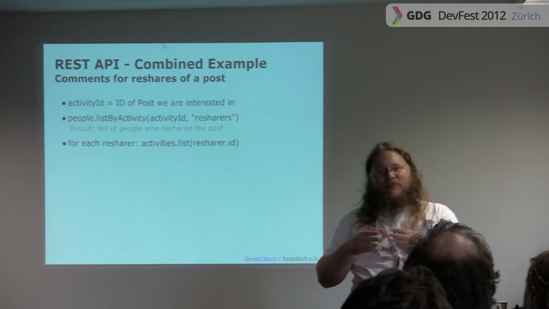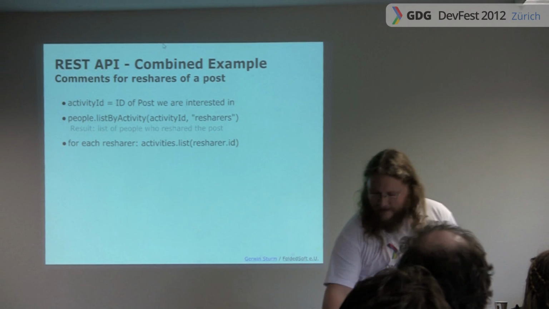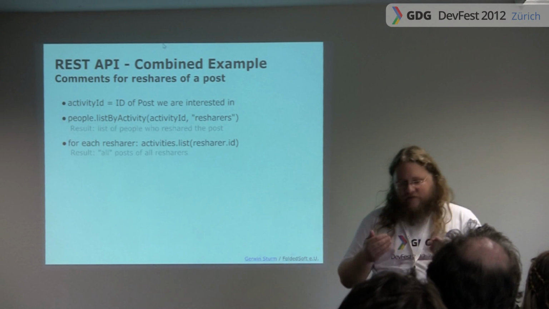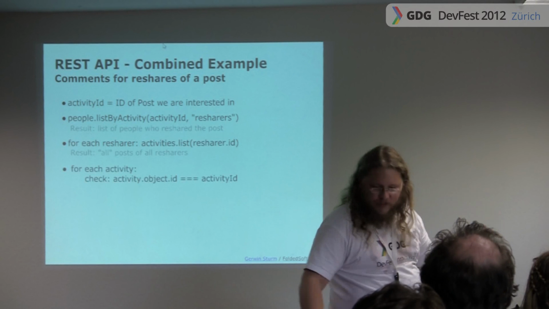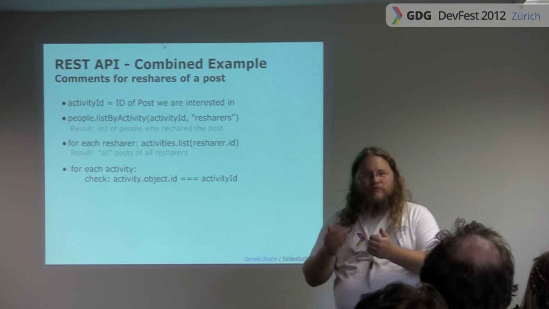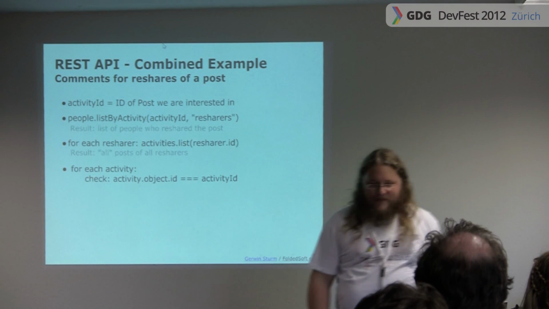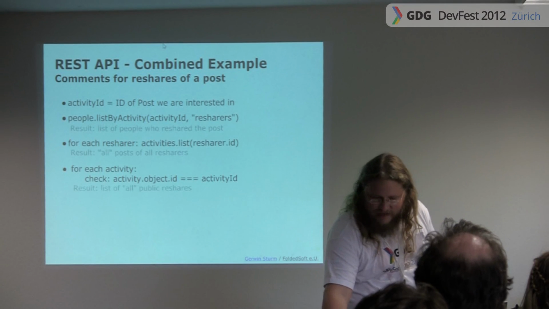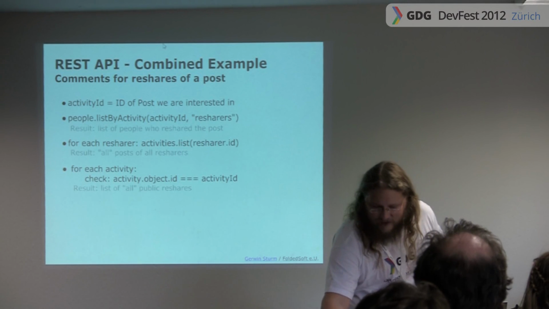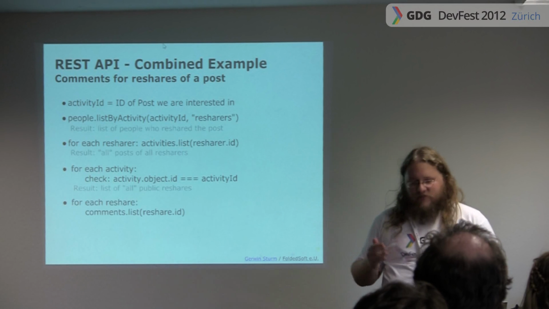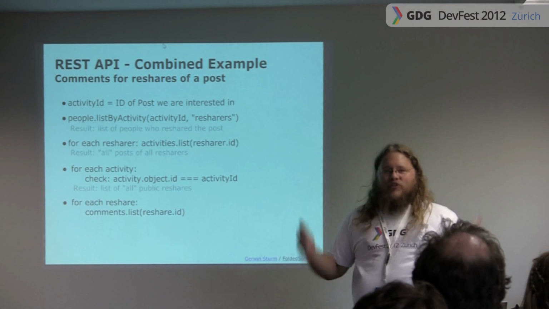In most cases you will restrict it to the last 100 and won't go back further in the past. This gives you a list of all posts of the resharers. Then you go through all those posts and check if any of them have the reshare ID of my original activity ID. With this you get a list of all public reshares of your post. In the last step, for each of those reshares you get the comments, and then you can make a merged view of all of this.